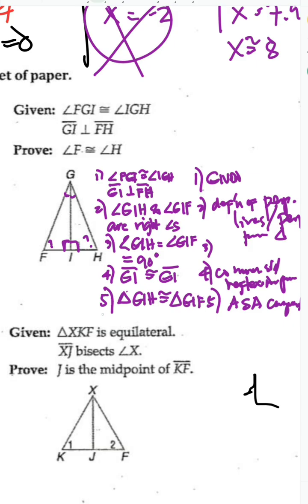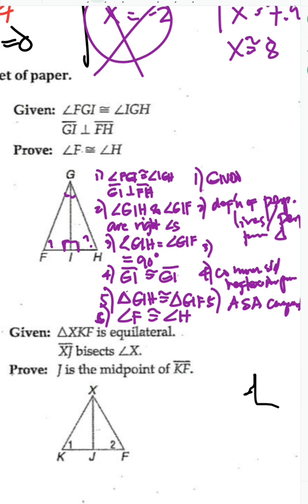But we need to prove that angle F is congruent to angle H. So when the rest of the parts of the triangles are congruent, that means the other parts are also congruent. Right? Do you agree?